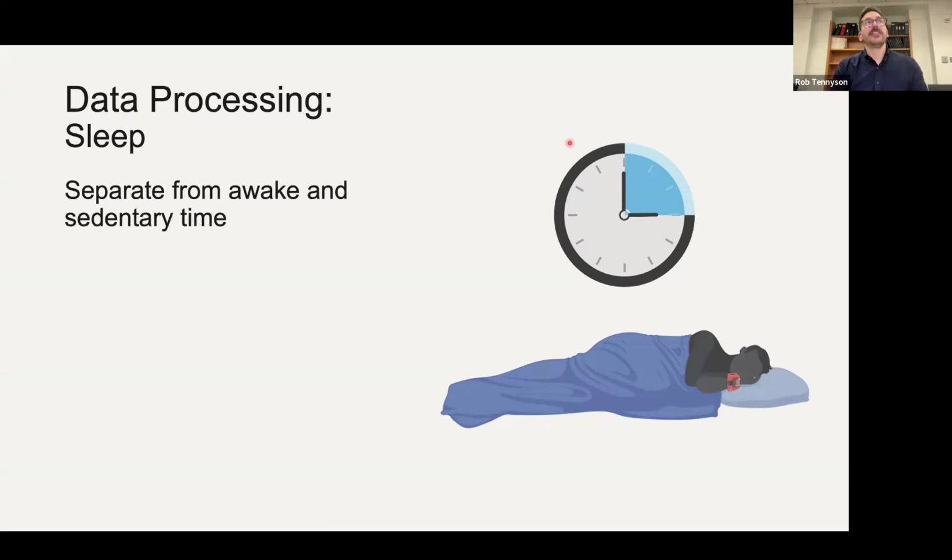Say you're interested in how much of the day someone spent in moderate to vigorous physical activity, you want to have the correct denominator of how long they were awake during the day in order to get that proportion.